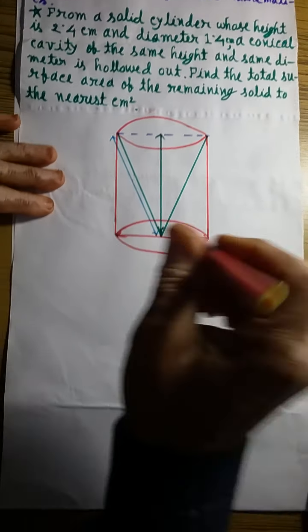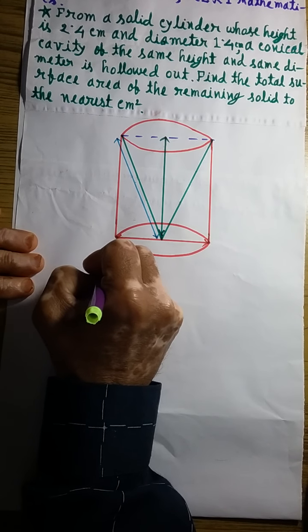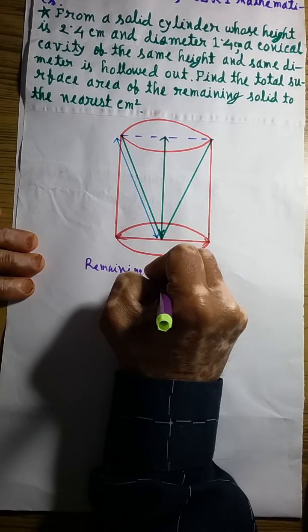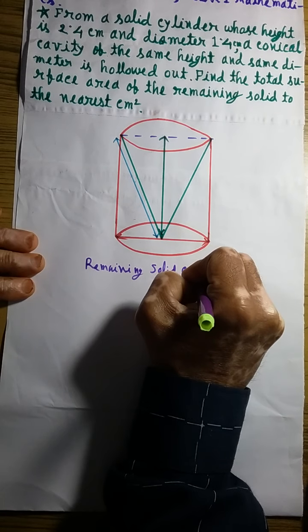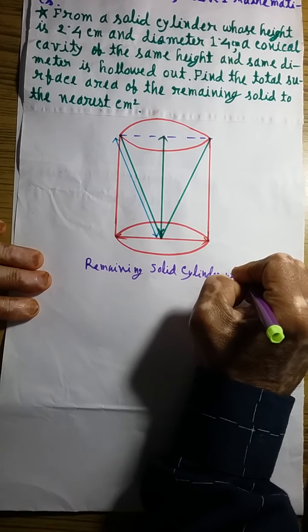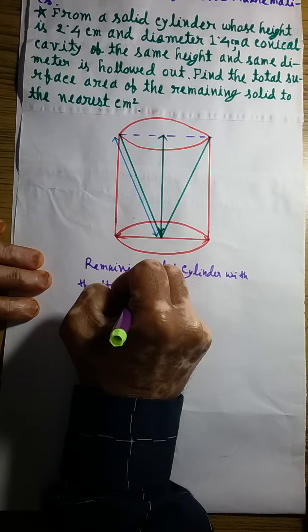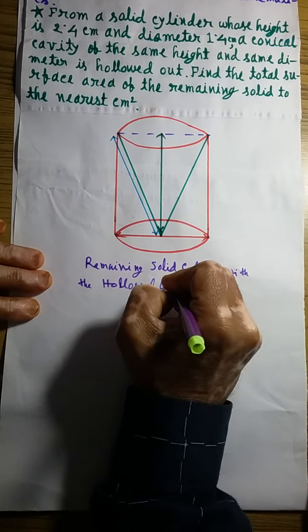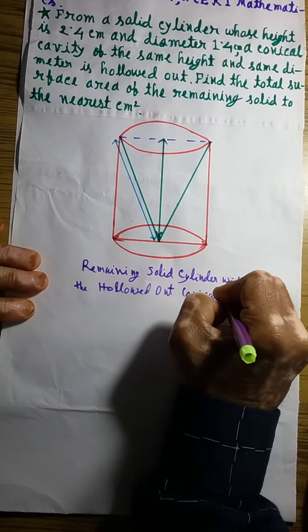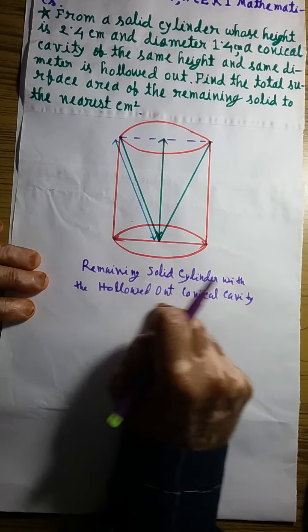After this, right here, the remaining solid cylinder with the hollowed out conical cavity.